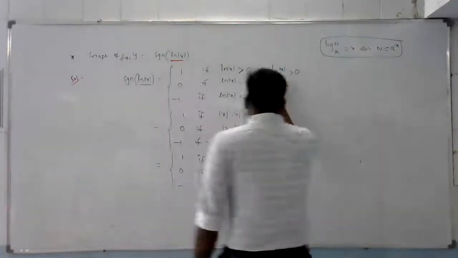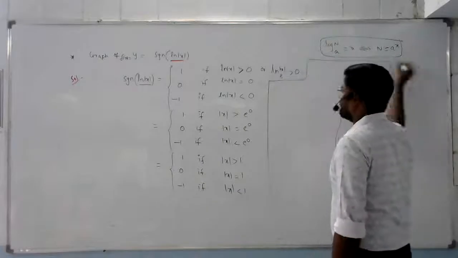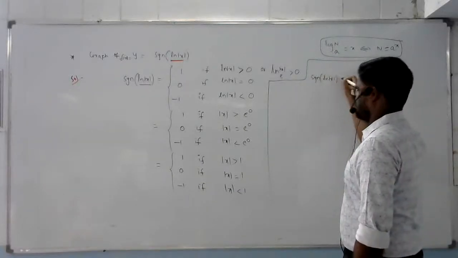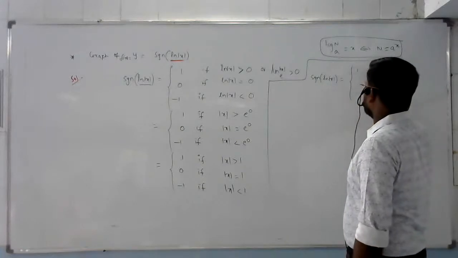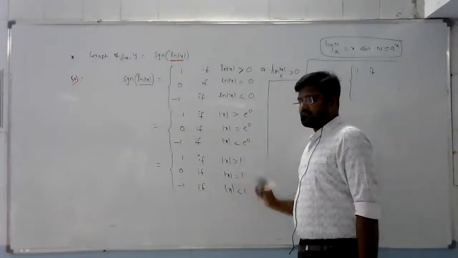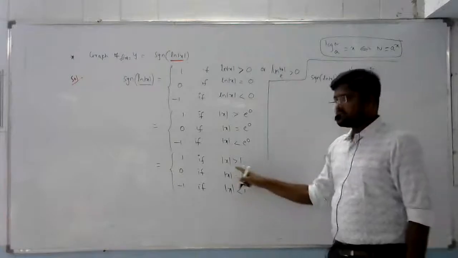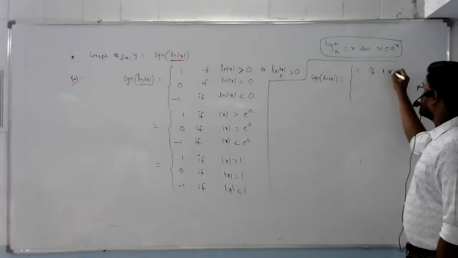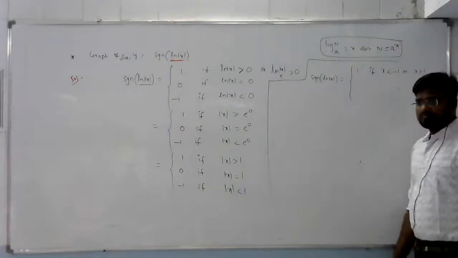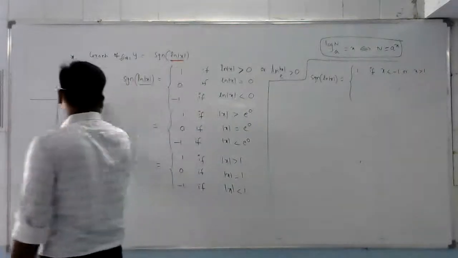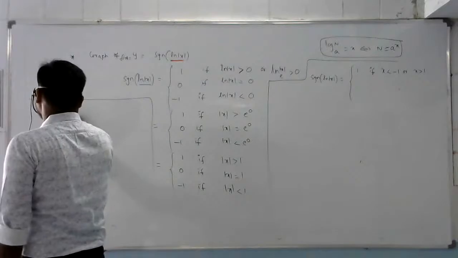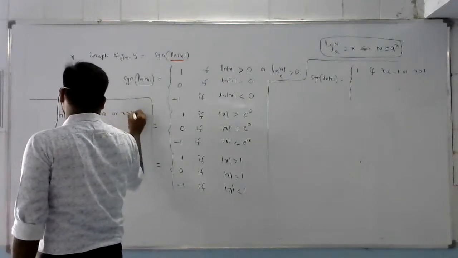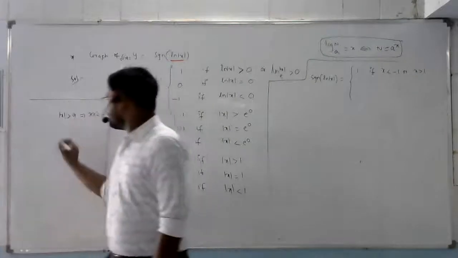Correct? Therefore, if you simplify this one, signum of ln modulus x is equal to 1 if, if you remember the properties of logarithm, mod x greater than a. What is the meaning of that one? x less than minus a or x greater than a. I will write it once again. Mod x greater than a, x less than minus a or x greater than a. Do you remember this property?